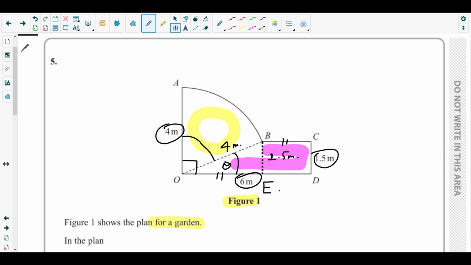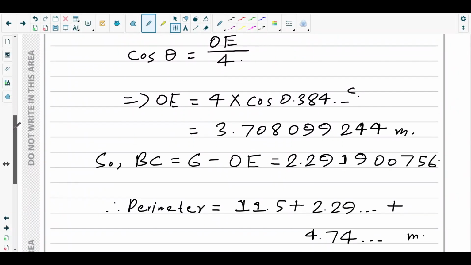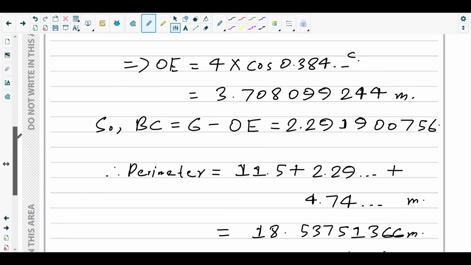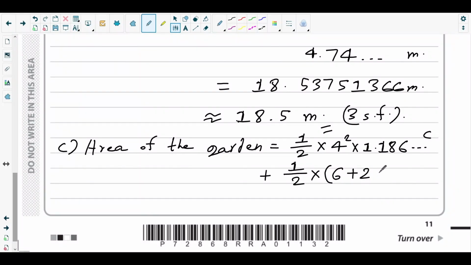OD is 6 meter long, and BC we got in part B, it is 2.29. So half of A plus B times the separation distance, which is 1.5.